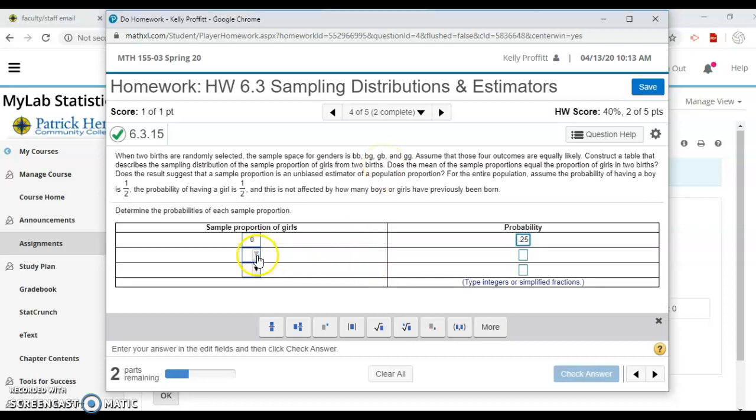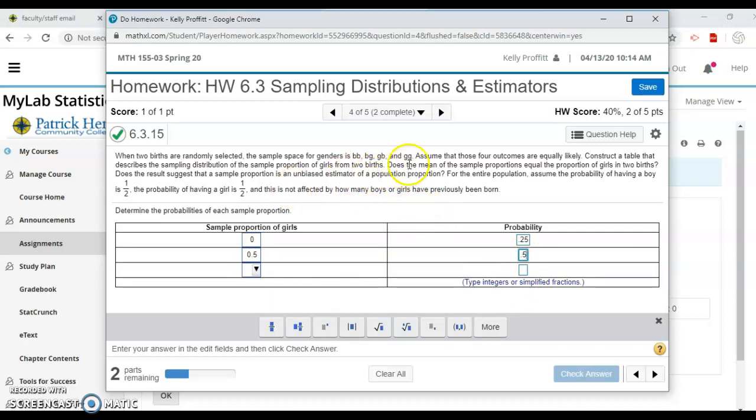So the second proportion that you would choose in this table would be 50%, or 50% of the children are girls in these 2 elements of the sample space. So what's the probability of you getting 50% girls? Well, these 2 situations out of 4 total possible situations. So 2 times out of 4, which is 1/2, which is 0.5.